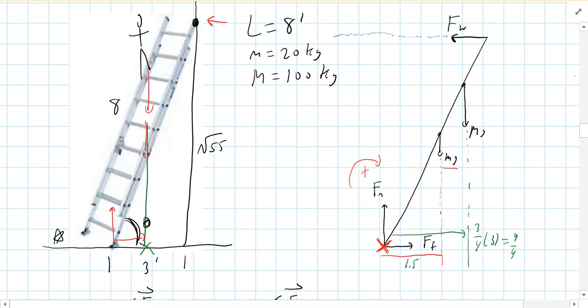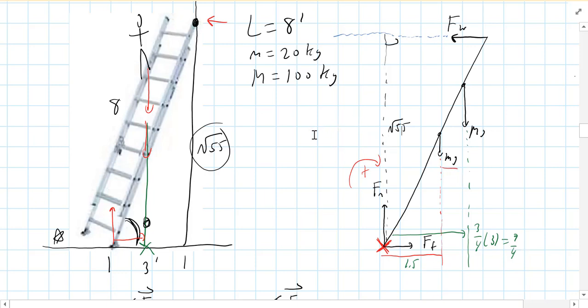What's the shortest distance from that line of force to the base of the ladder? This dashed line that I'm drawing is your perpendicular lever arm. That's the height of the wall, which we figured out was root 55. So I have that number. The cool part is that on this, I don't need the angle. I have my 3 lever arms: 1.5 feet, 9/4 feet, and root 55 feet.